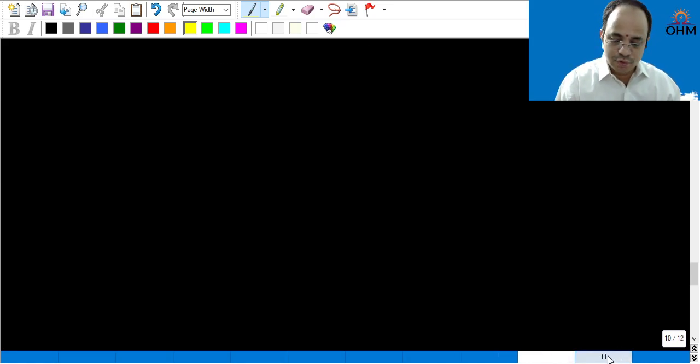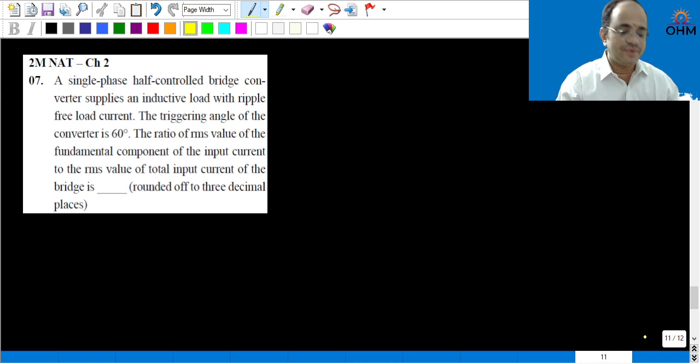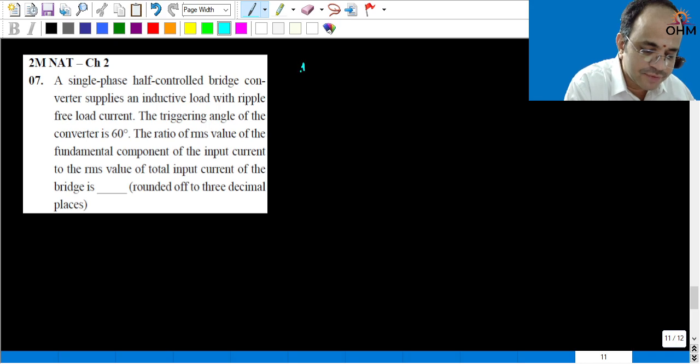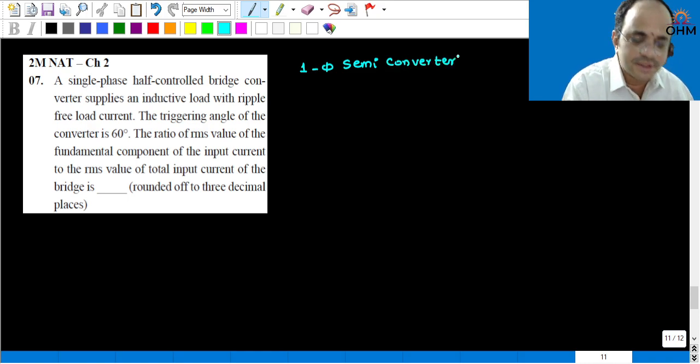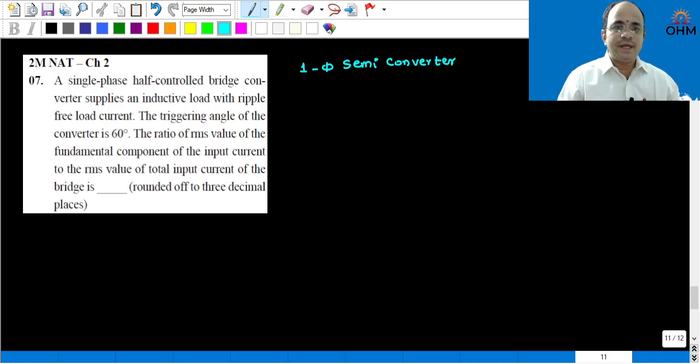Now let us move to the next question. This is another question from GATE 2024 power electronics subject. A single phase half controlled bridge converter. So you can also say that the circuit is a single phase semi converter. A single phase semi converter supplies an inductor load with ripple free load current.